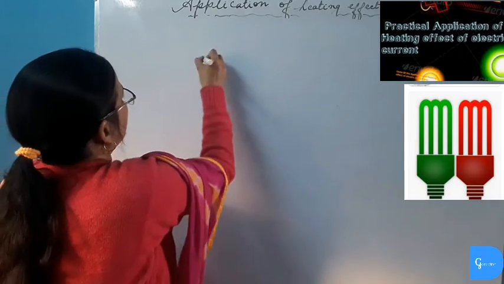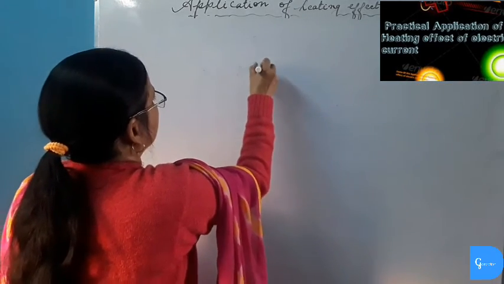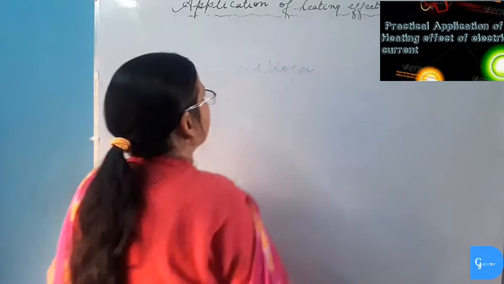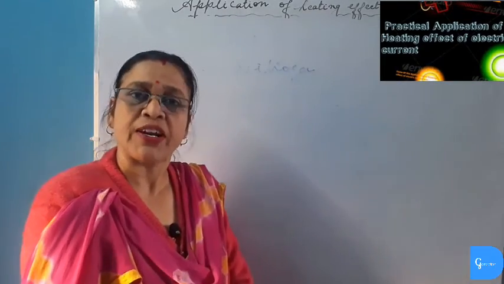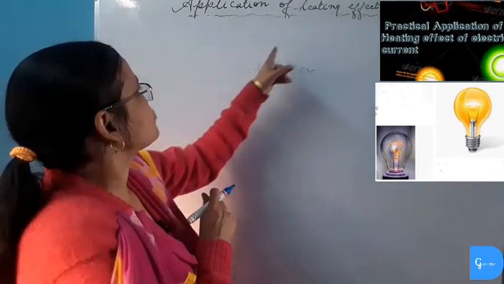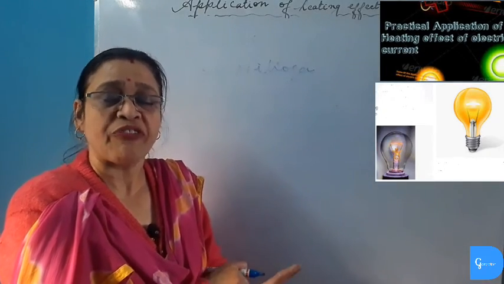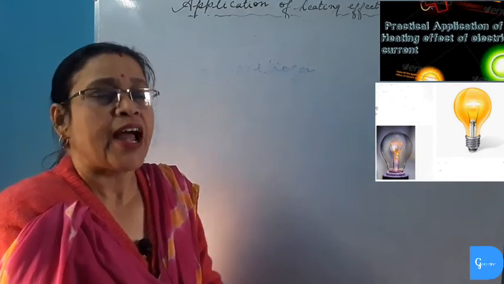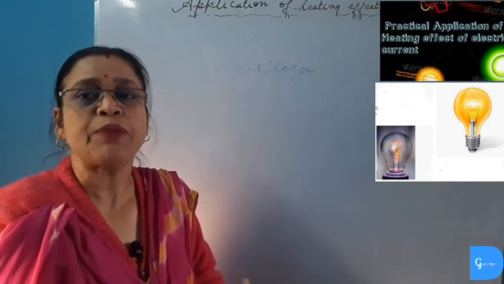Question is asked, if two bulbs, one is filled with air and the second bulb is filled with nitrogen, which will have long life? Now we know that the filament of the bulb is made of tungsten and in air there is oxygen. So when tungsten becomes white hot, that is becomes very hot and emits light, at that time when it comes in contact with oxygen, then oxidation takes place and it burns.